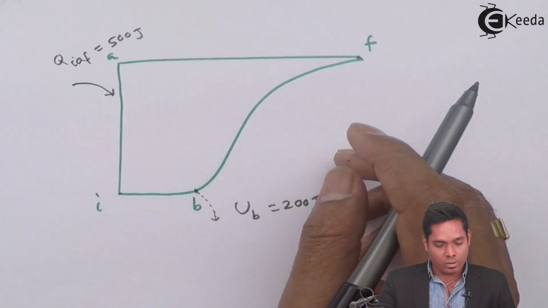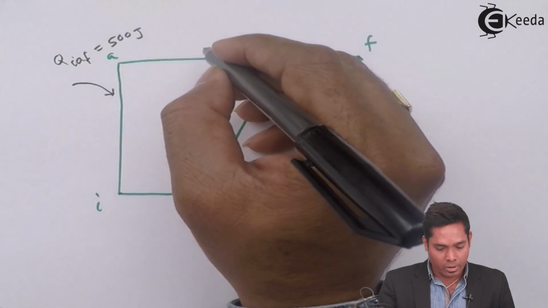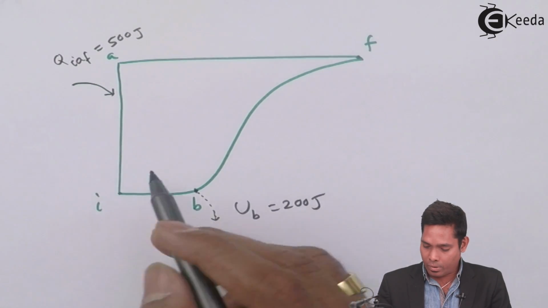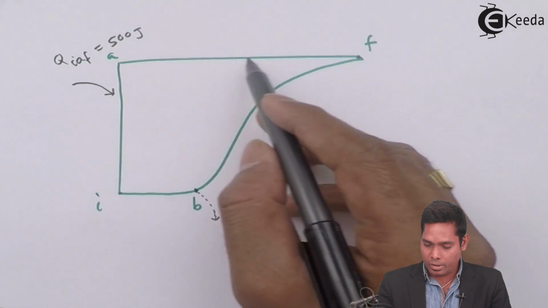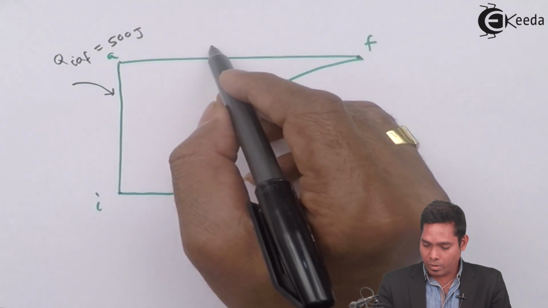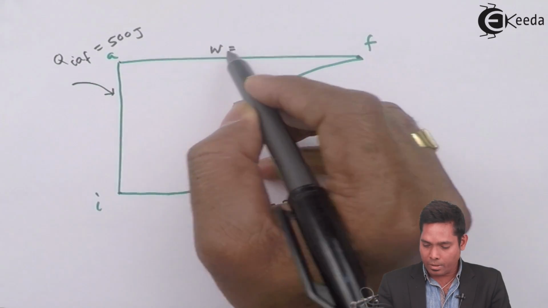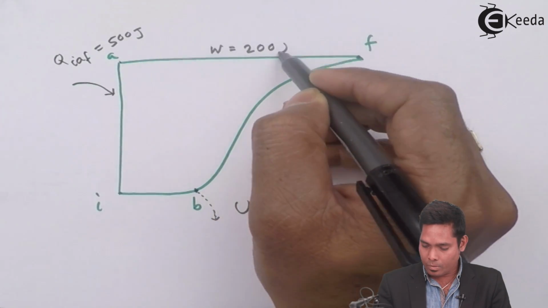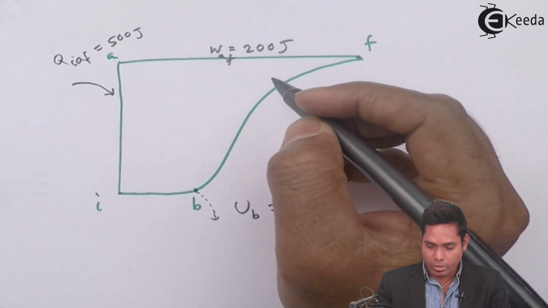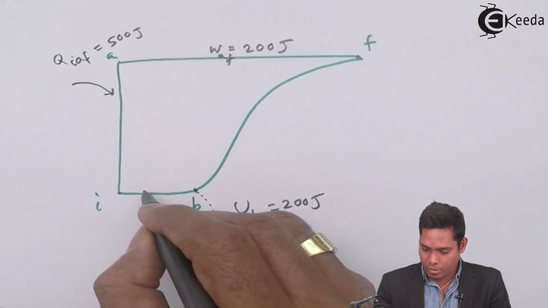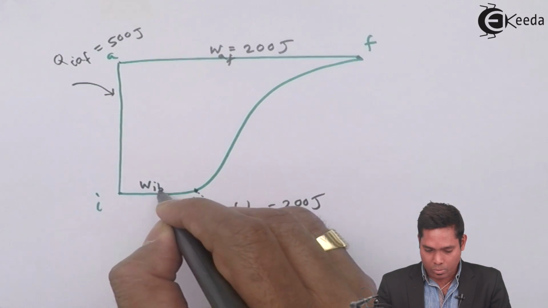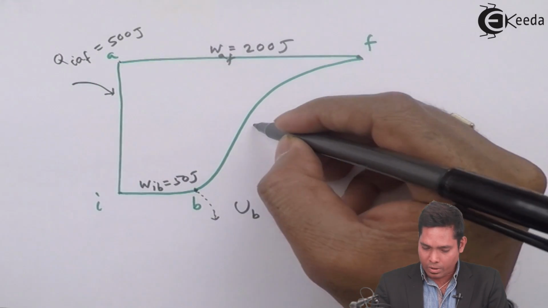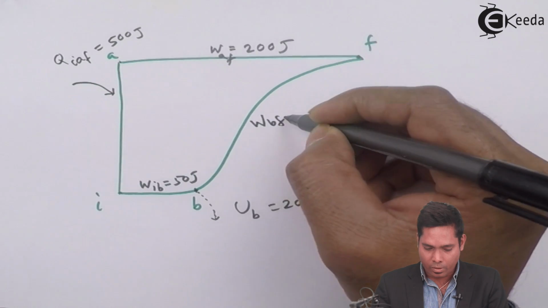Work done during AF is 200 joule, during IB is 50 joule, and during BF is 100 joule.